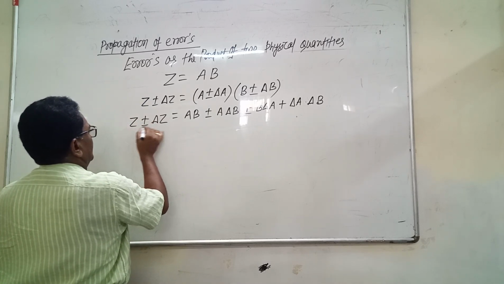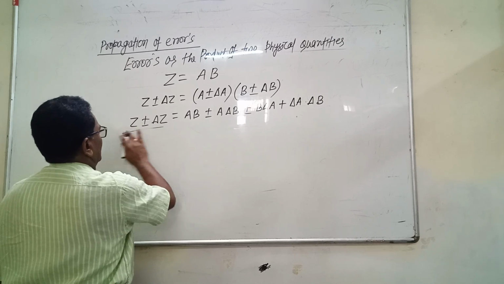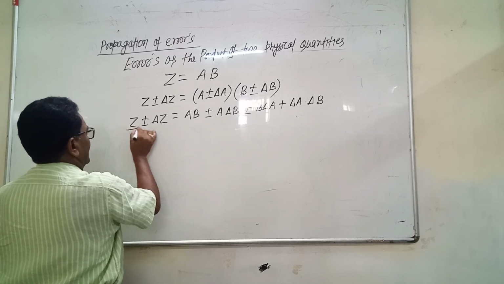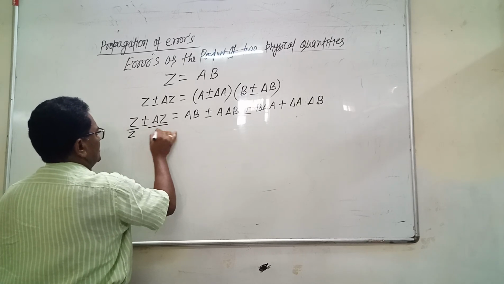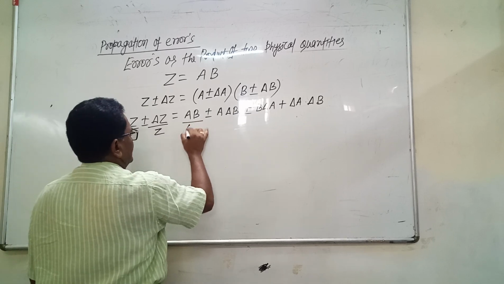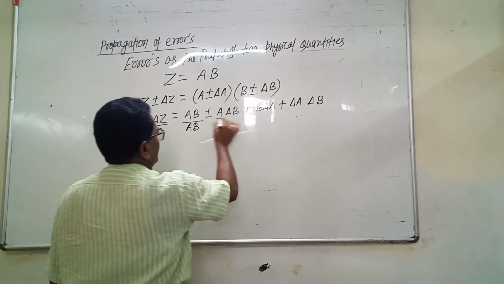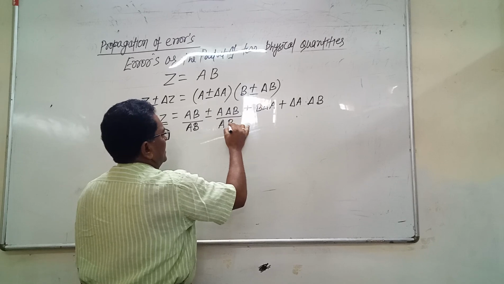So Z plus minus delta Z, divide on the left side by Z, each term divided by Z, and on the right side each term is divided by AB.